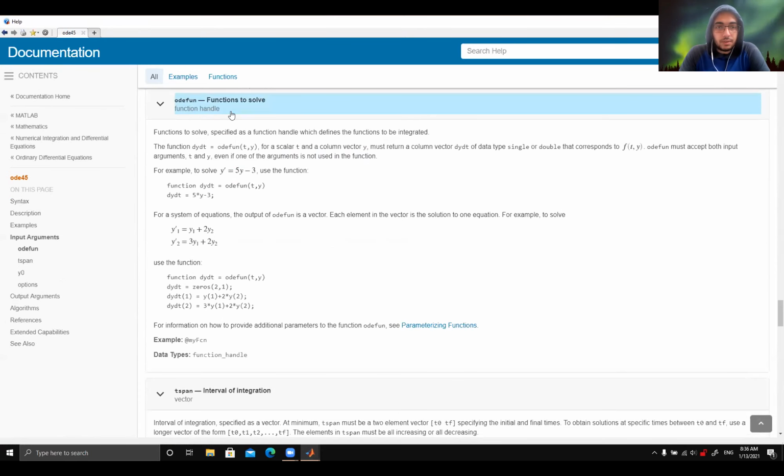The function handle odefun defines the function to be integrated, or basically the dynamics that we would like to simulate. For example, if we have this simple equation, y dot equal to 5y minus 3, then the corresponding ODE function would have to take t and y as inputs, and it has to output y dot as a function of these inputs. In this case, it's just 5y minus 3.